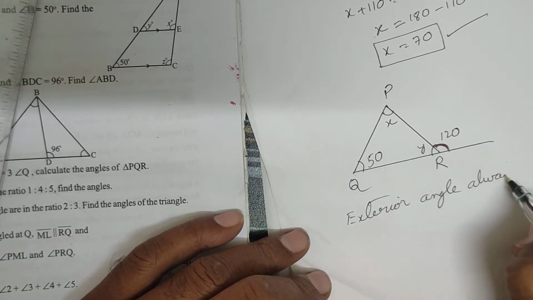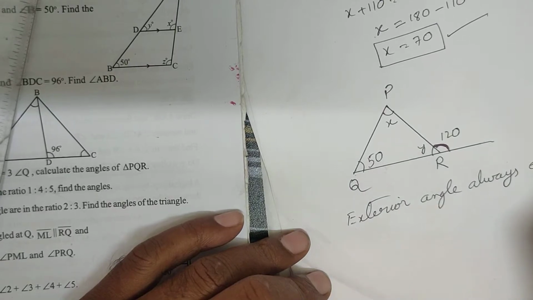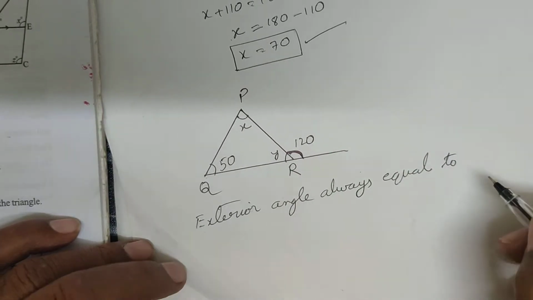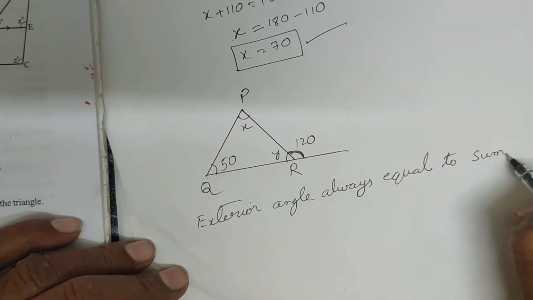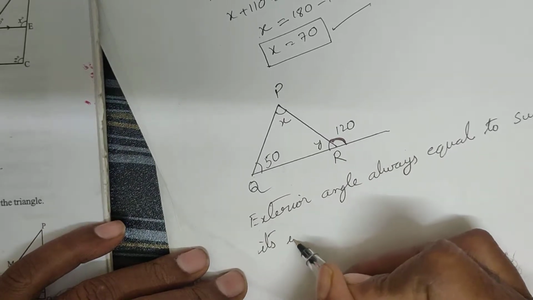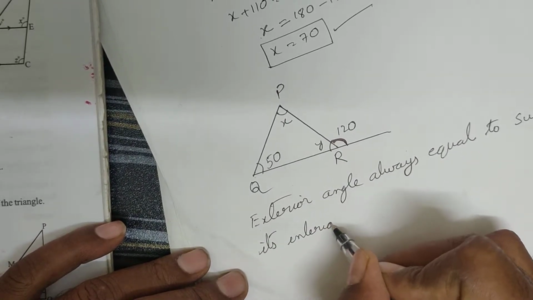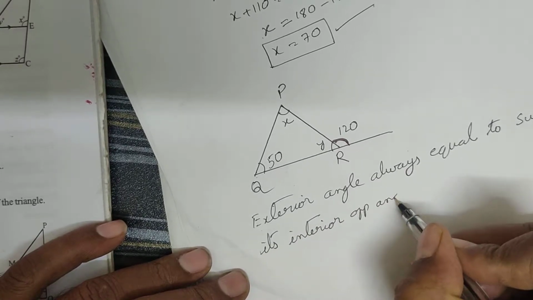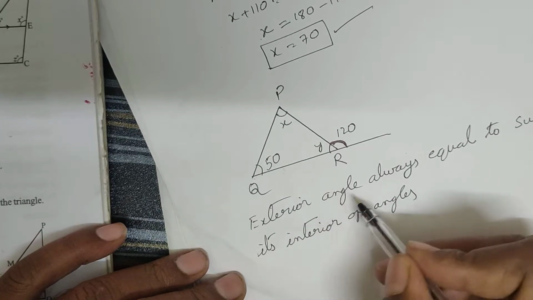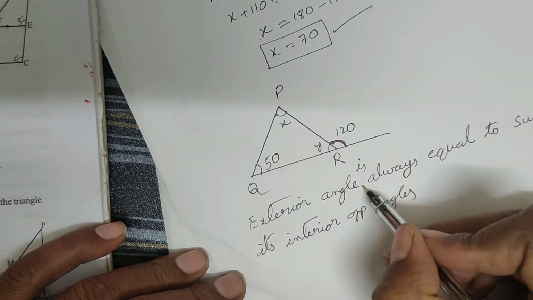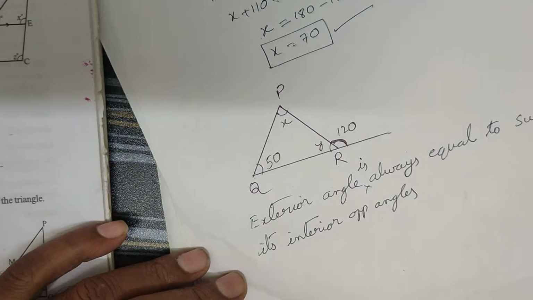So we know one property, that is, the exterior angle is always equal to the sum of its interior opposite angles.